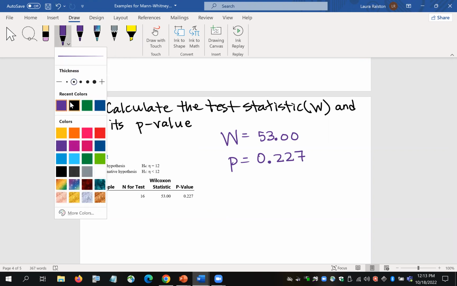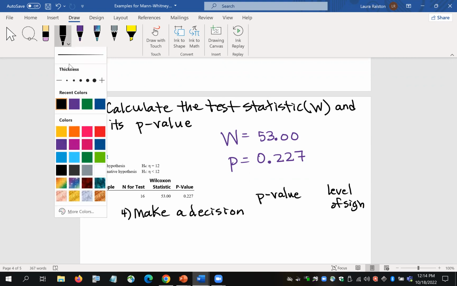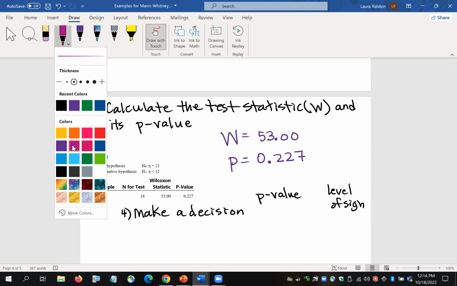Step 4, as always, is to make a decision. Again, by comparing the p-value to the level of significance. Y'all should be experts at that by now.